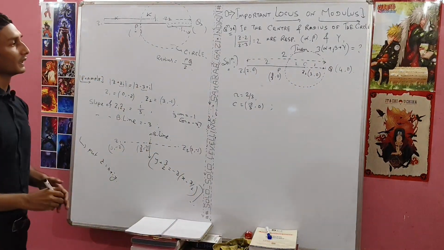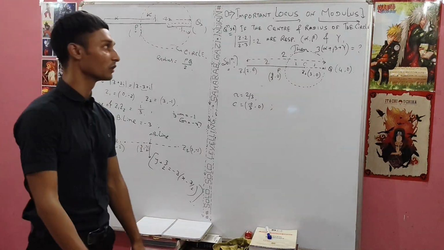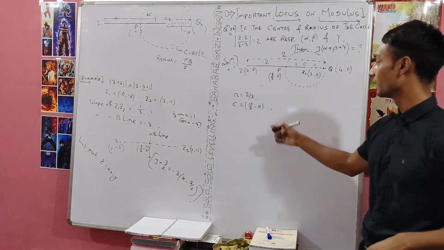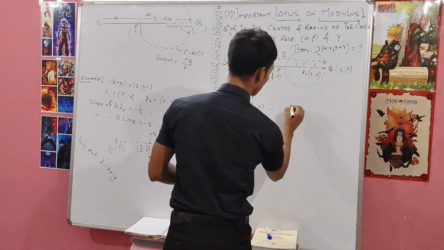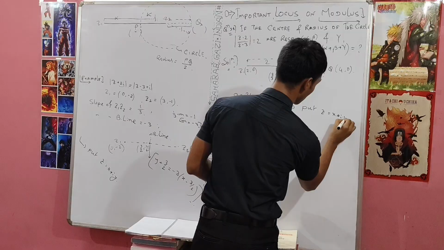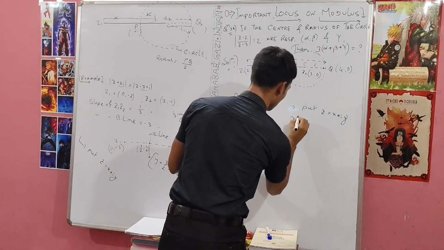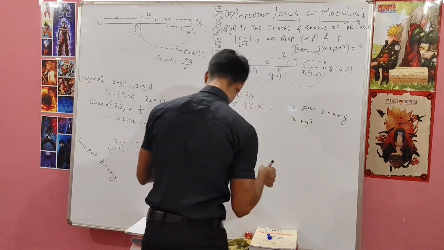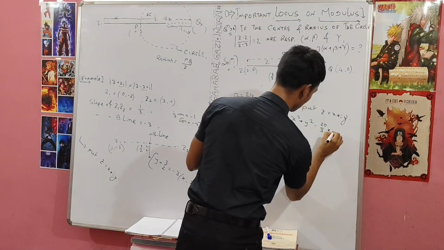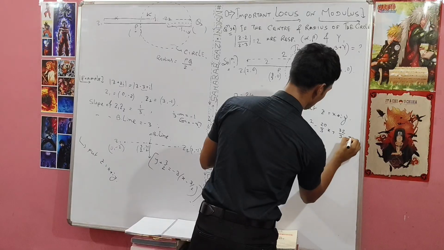This is okay. Another way: put simply z is equal to x plus iy, and then simply calculate, and you will get the same value. If you put z is equal to x plus iy, you will get an equation that is x square plus y square minus 20 by 3 x plus 32 by 3 equal to 0.